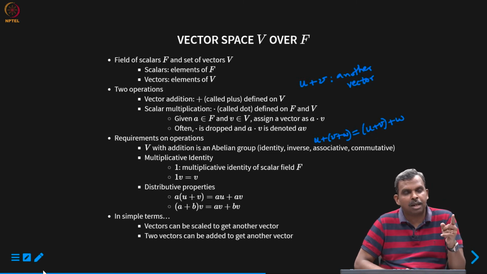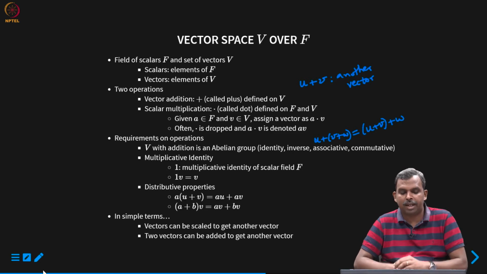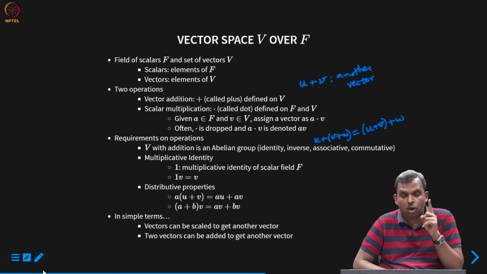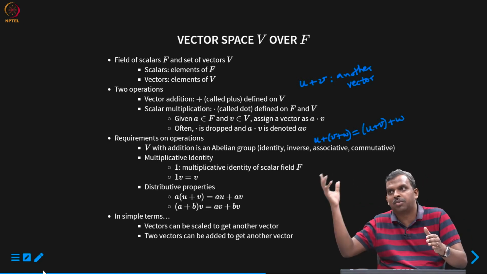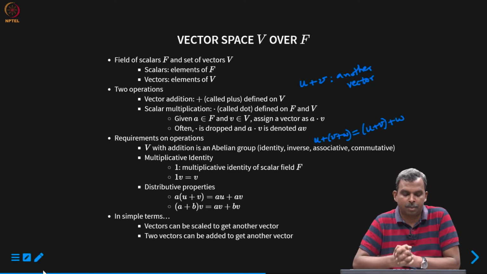You take that 1 and multiply with any number, you get that number itself, you don't get anything else. If you take the multiplicative identity and do a scalar multiplication with v, 1 dot v, you should get v itself. You should not get anything else. Your scalar multiplication cannot say 1 dot v will be some 2 times v or something like that. It should be that 1 dot v is v. So that's important to keep in mind.